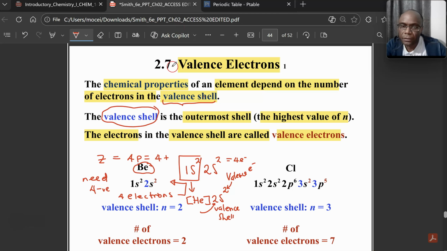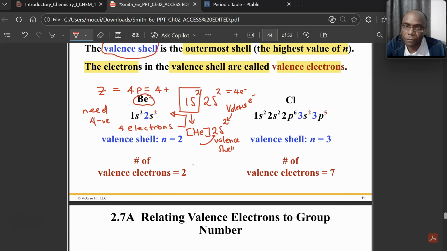Okay, so the valence shell is 2. That tells us that we are going to find beryllium in period 2, and the valence electrons is 2, meaning that beryllium is in main group 2, also called 2A. That is the case of beryllium.